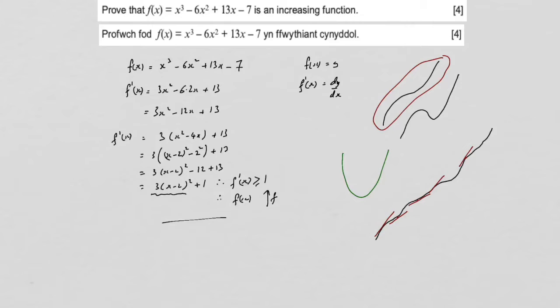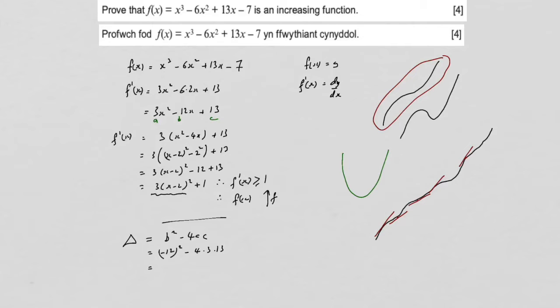So, the discriminant for f dashed of x, if we put our a, b, c there in green, then we have the discriminant, which is b squared minus 4ac, will be minus 12 squared, take away 4 times 3 times 13.